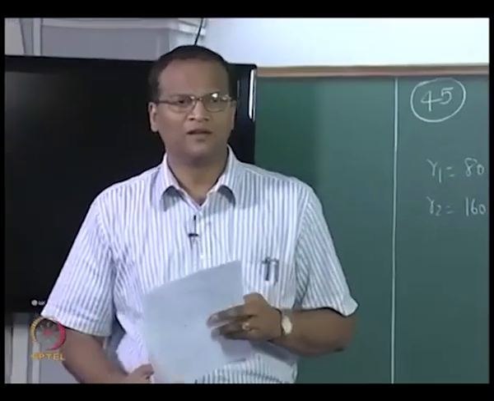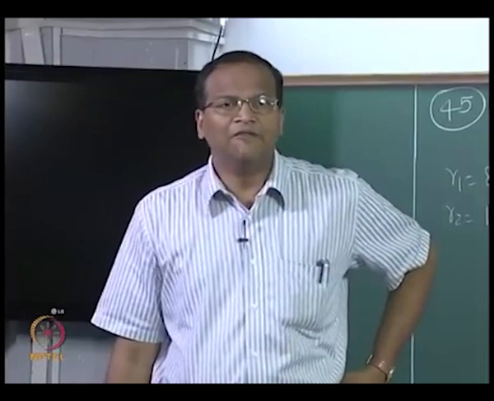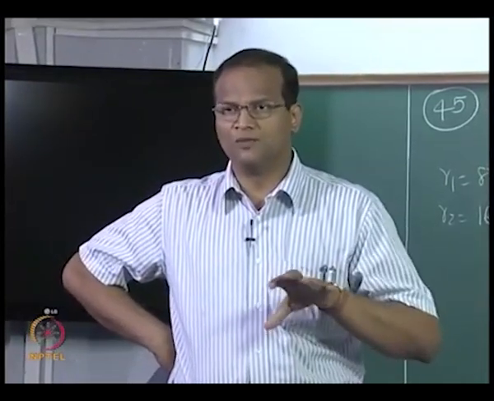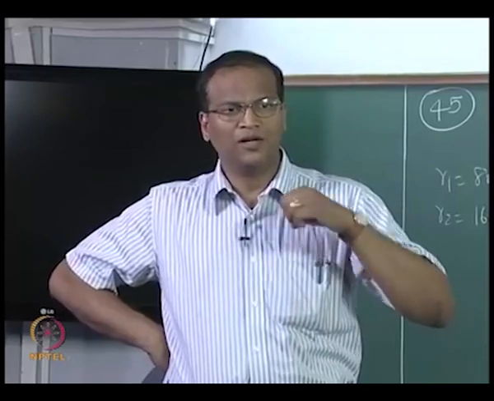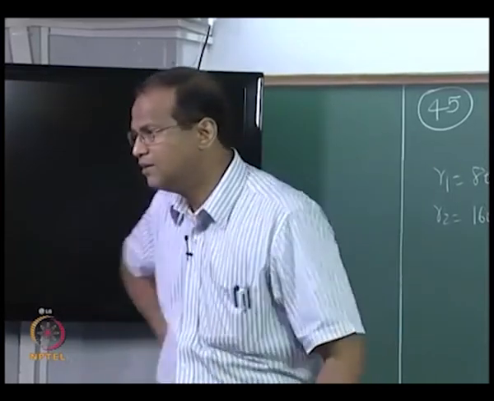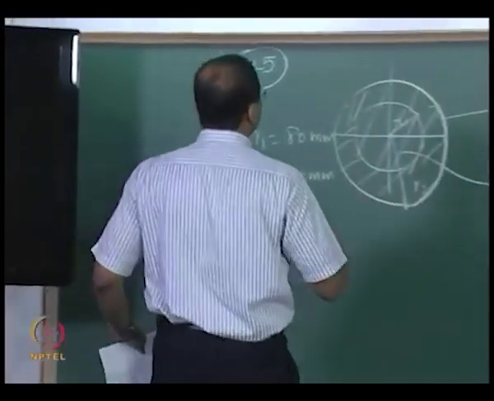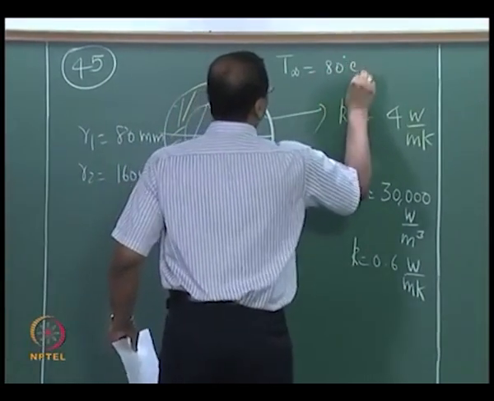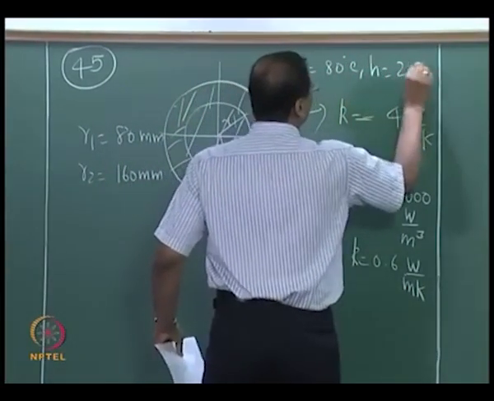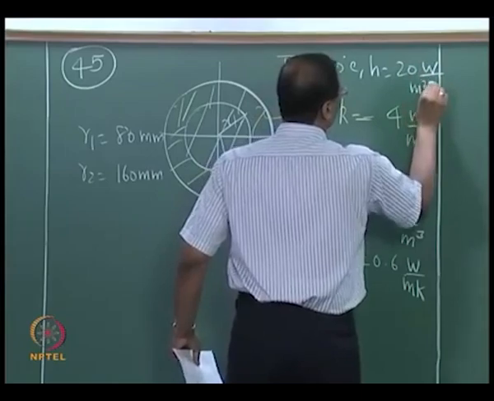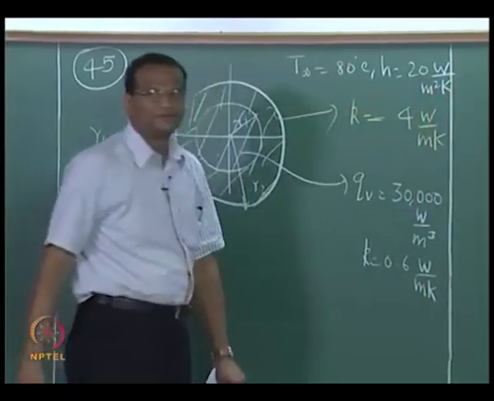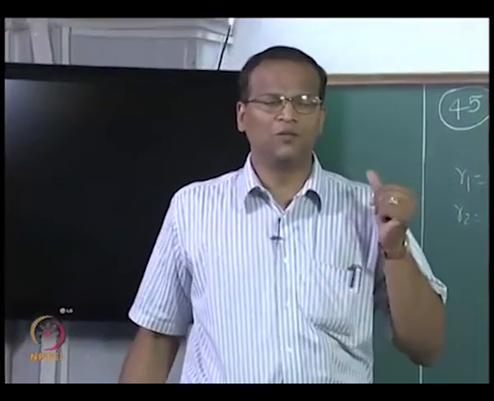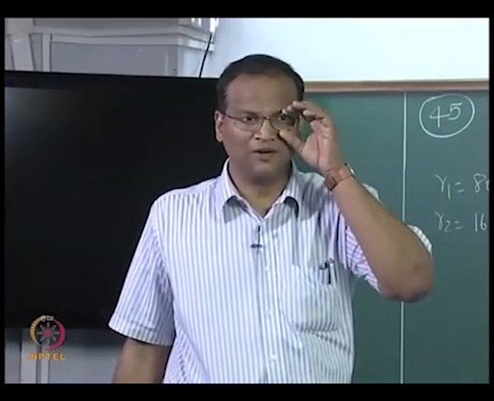So, steady state, one dimensional: all the heat which is generated from within is transported across to the boundary, goes on to the tube and is picked up by the fluid on the outside. The fluid on the outside has got these conditions. What we are doing is essentially called nuclear thermal hydraulics.